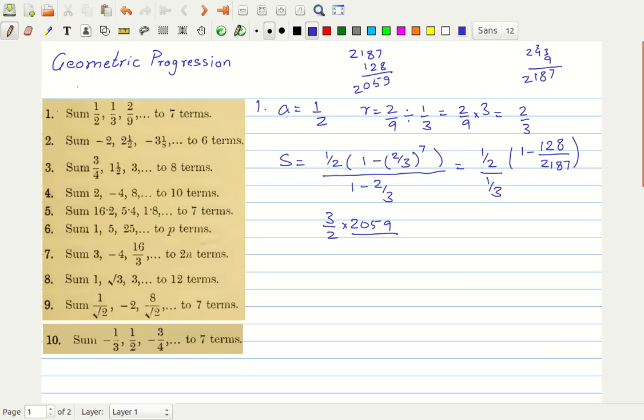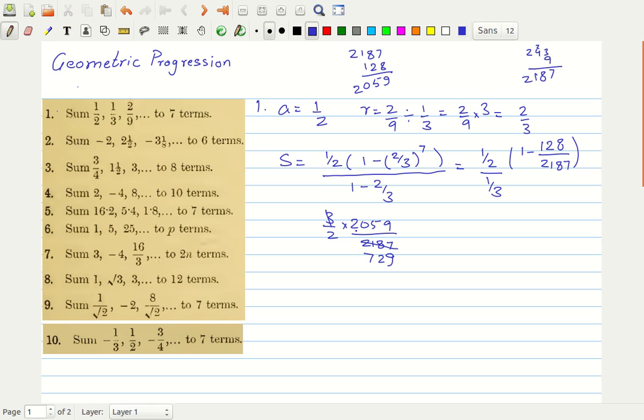This we know will be 3 times 729, and you can simplify it further if you can.